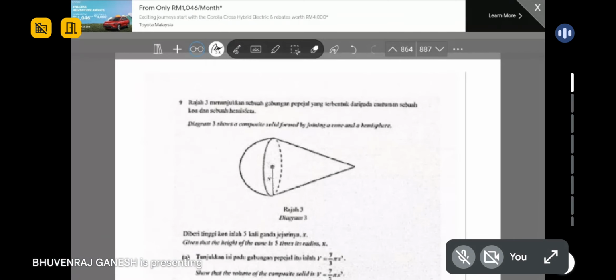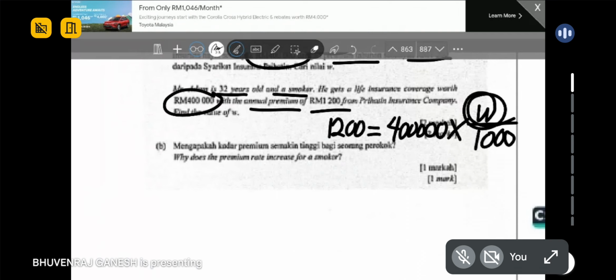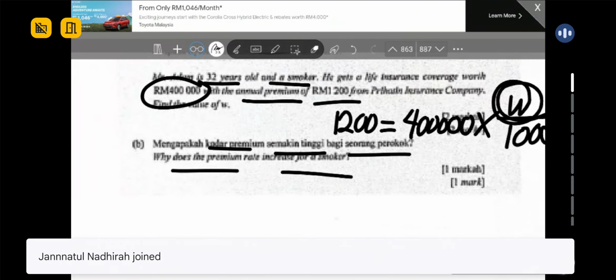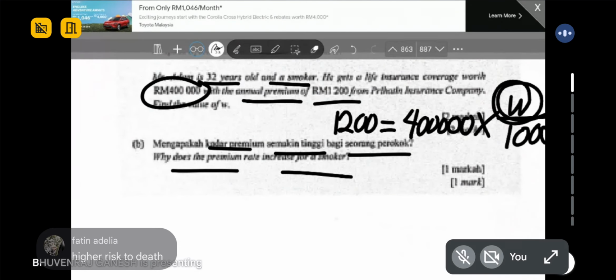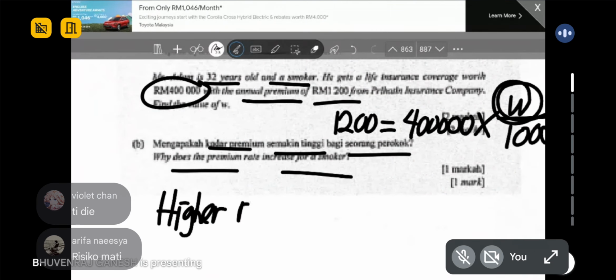So for part B, the question asks you, why does the premium rate increase for smokers, guys? Why is the premium rate higher for smokers? Any one of you guys got an answer? This one is general knowledge. Yes, correct. Actually, any logical answer can. You can say higher risk to die.